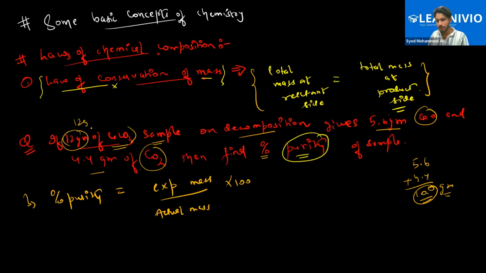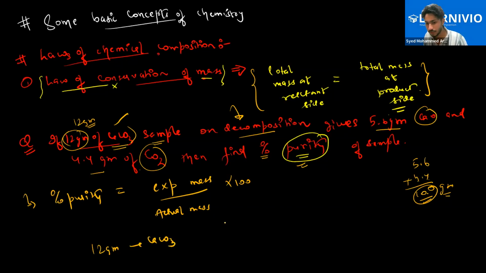That means something has happened with 2 gram. I want to know how much of this CaCO3 decomposed to form these two, and how pure my CaCO3 is, because I am having 12 gram of CaCO3.